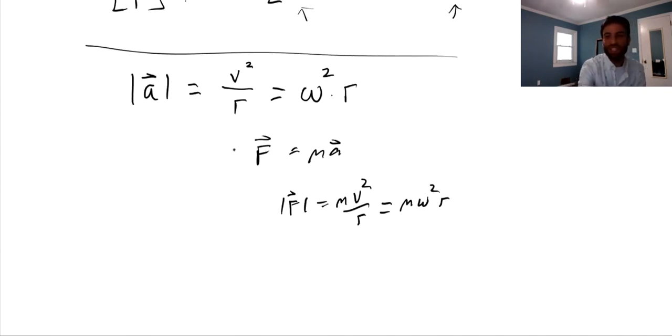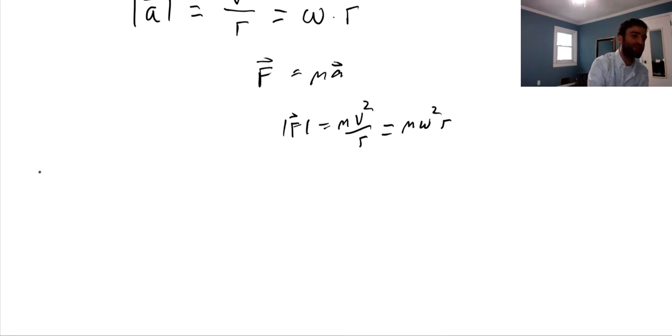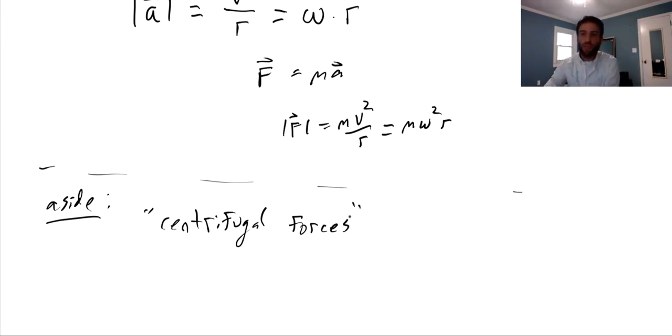Really briefly, since we just talked about centripetal forces, you might be wondering about centrifugal forces. For instance, if you're in a car and you make a tight turn while you're speeding down the highway or going on an off-ramp, you feel like there's a force pushing you outward, right?